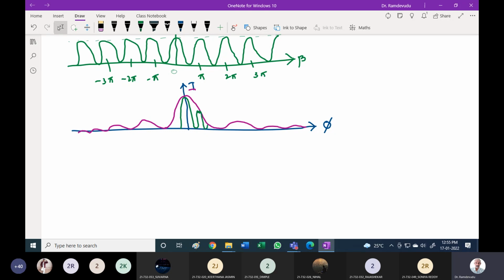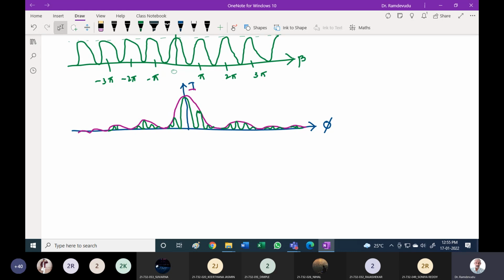It comes again, it suppresses it. Again it raises and suppresses and gives a maximum. So within the envelope of the diffraction pattern, we have the pattern for interference.